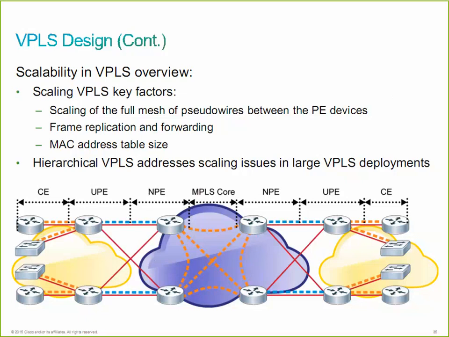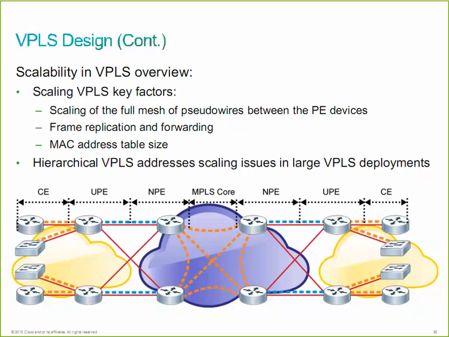In this case, that would be every other PE device on the network. So you can see where a large amount of broadcast traffic or a large number of pseudo wires connecting different PE locations could potentially not scale well in the grand scheme of things. The more endpoints we have, the more pseudo wires we have, the more we have to scale this environment.